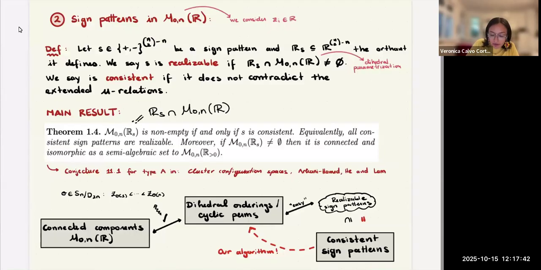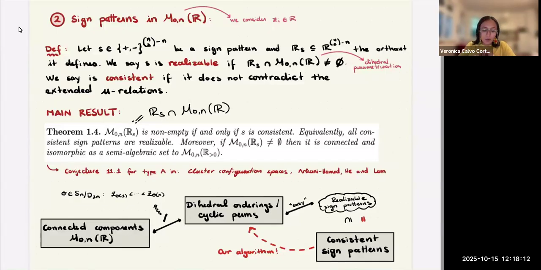And this answers a special case of a conjecture in a paper called Cluster Configuration Spaces by Arkani-Hamed, He, and Lam. So this will correspond to the type A case, in case any of you have ever seen this paper. And the tension that's happening here is very similar in vibes to realizable matroids versus non-realizable matroids.